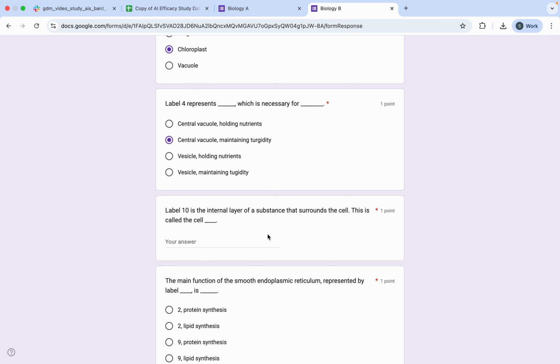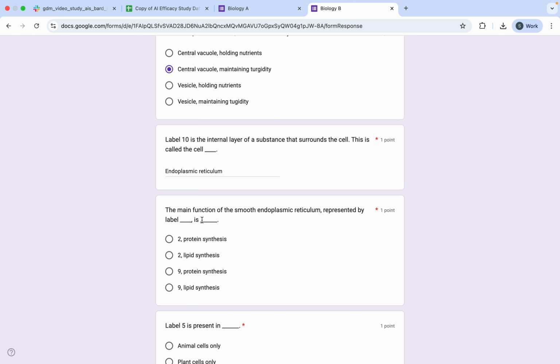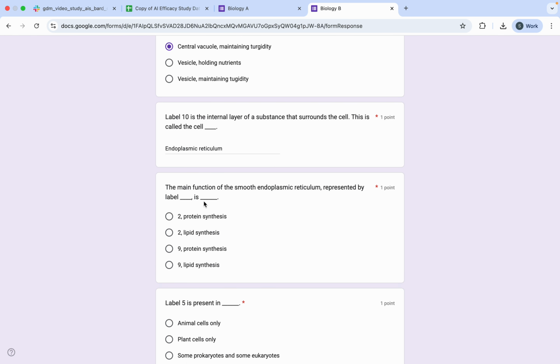So I think it is endoplasmic reticulum. Endoplasmic reticulum.